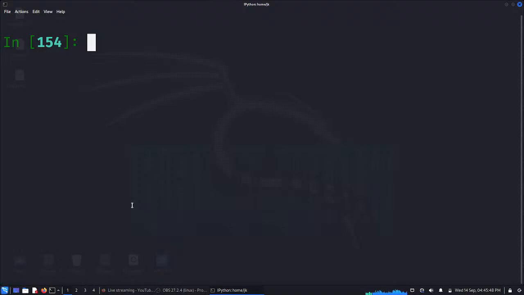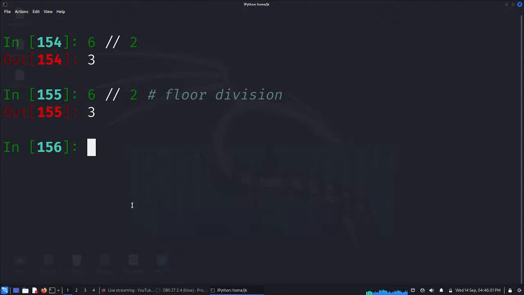Suppose I say 6 // 2, this is floor division. What does it mean? It gives 6 divided by 2, how much is that? This is 3, because 2 times 3 is 6. That's it.